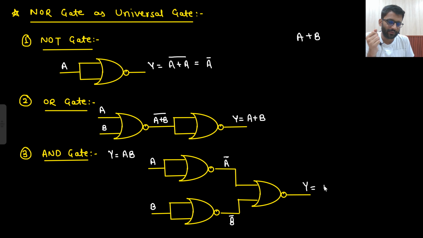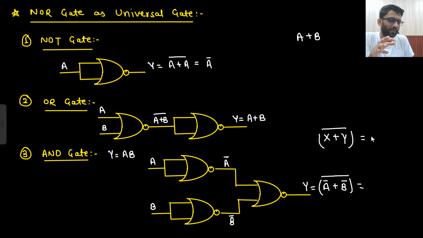So Y is equal to A bar plus B bar. Here, first we will do the addition and then take the whole bar. So let's assume A bar as X plus Y bar, and B bar I am assuming as Y. X plus Y bar, what will it be? X bar dot Y bar, right?